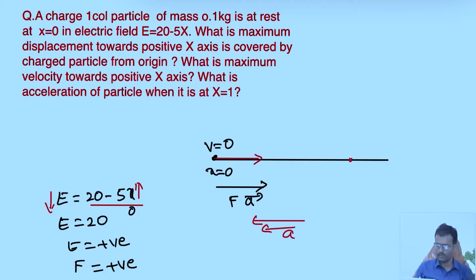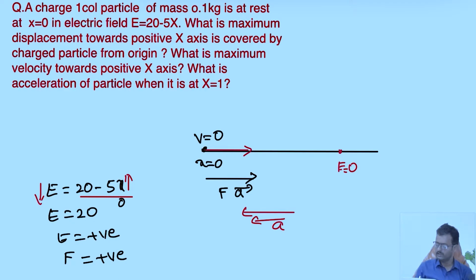Suppose at this point the electric field turns negative, that means the electric field is 0 there. So before this point its velocity is increasing, and at this point its velocity becomes maximum. After that the electric field is negative, so its velocity keeps decreasing.